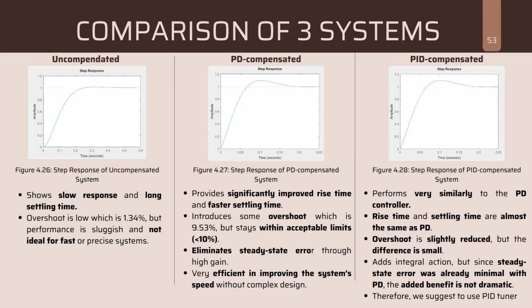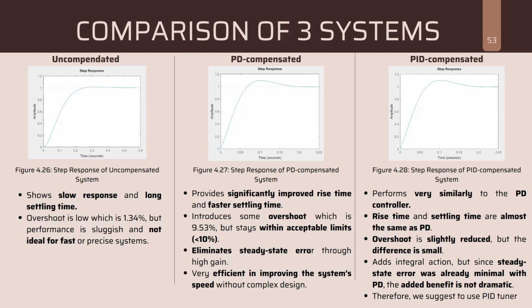It eliminates the steady state error through the high gain, and it is very efficient in improving the system speed. For the PID, it didn't give a significant effect compared to the PD system. So we suggest using a PID tuner to get a better result.